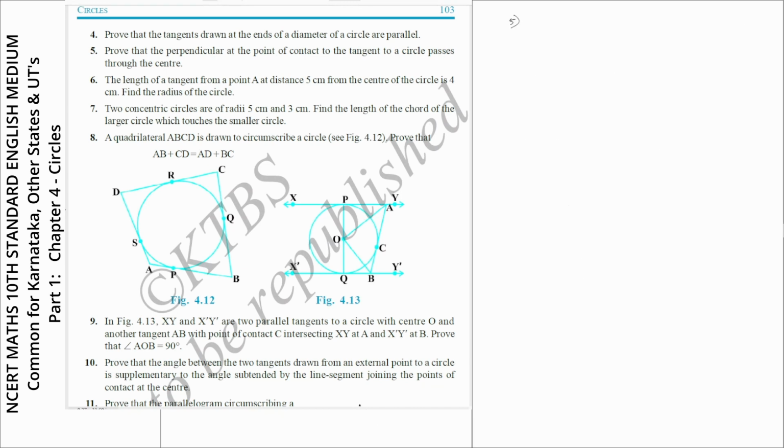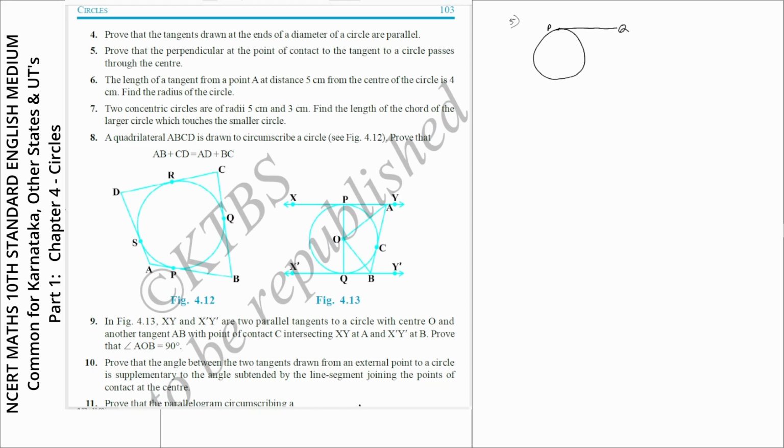Question number 5. Prove that the perpendicular at the point of contact to the tangent to a circle passes through the center. So suppose there is a circle and there is a tangent to that circle, and let us say P is the point of contact. At P there is a tangent and PQ is the tangent.